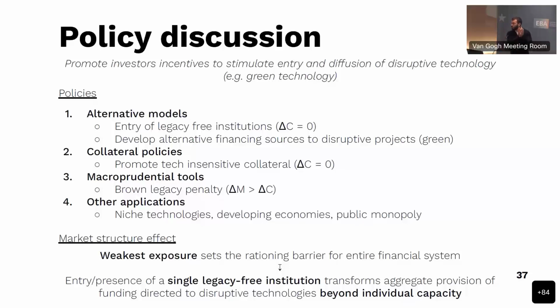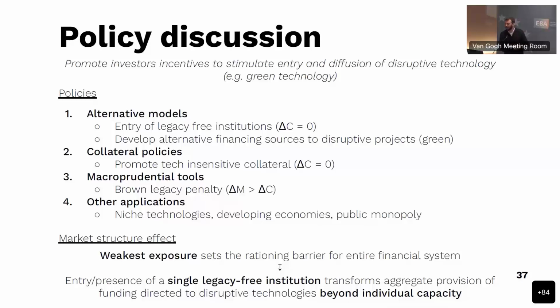Could also be a case of developing economies, but finally, you could also have this when you have public finances, right? Where this could go back to the first setting where you have a monopoly investor who then has a stake in not changing too much the status quo and not allowing for any disruptive technology to come in. And in the paper, we have a nice reference to the case in France of the Minitel, which could be a nice story to sort of follow up on this asset overhang.